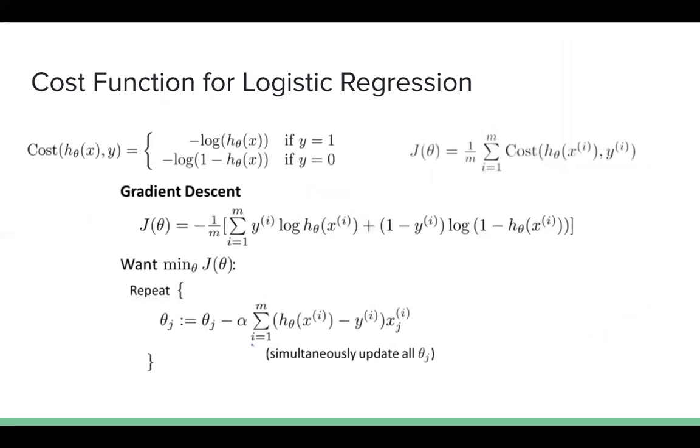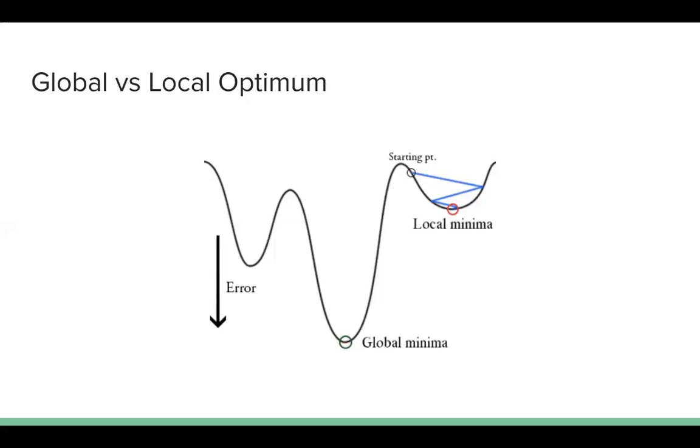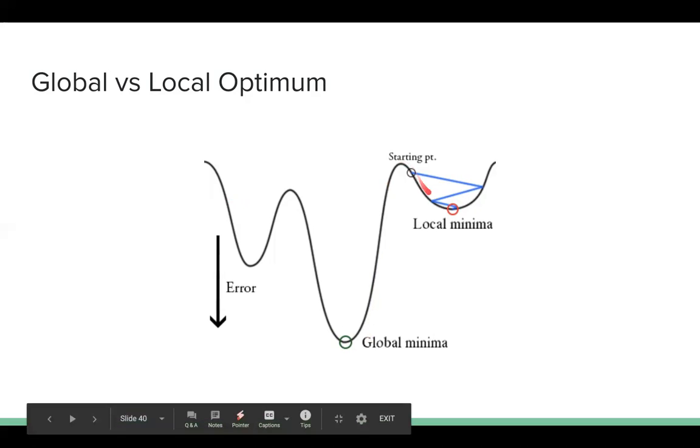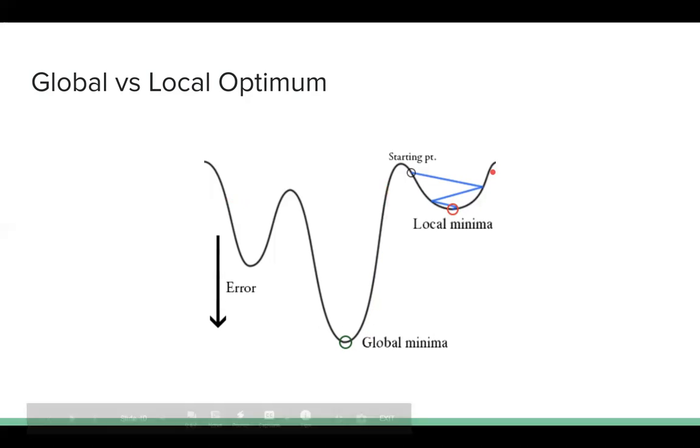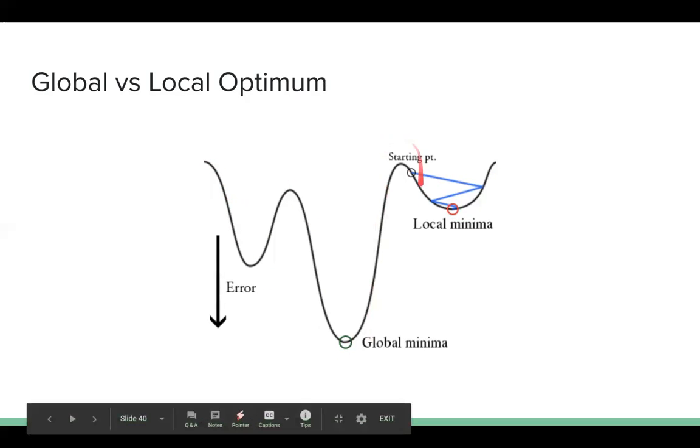The reason is, if you apply the same cost function from linear regression to logistic regression and try plotting the cost function, you can see the cost function will be like this. It will not be a perfect bell curve, not a U-shaped curve. Rather, the cost function can be something like this.